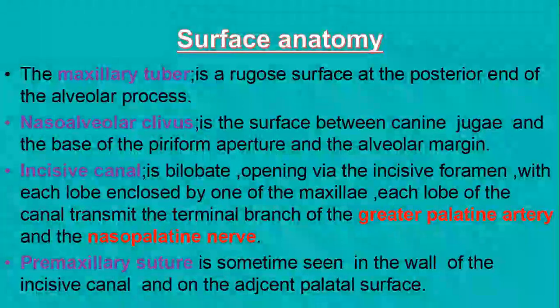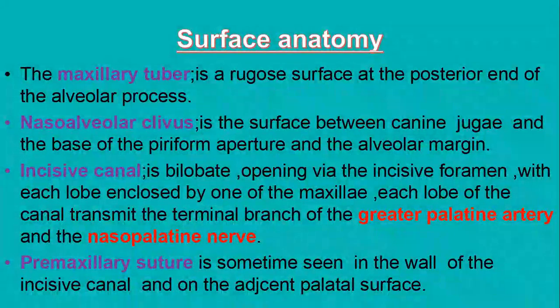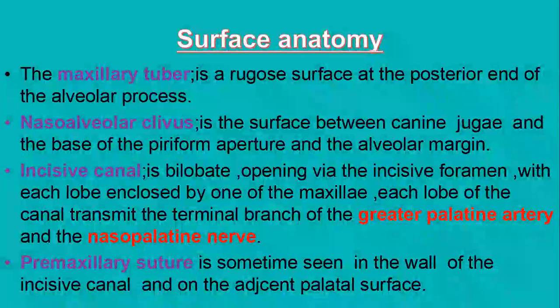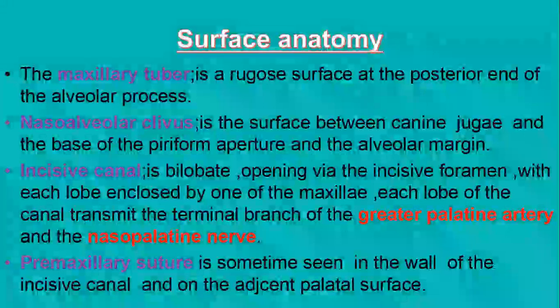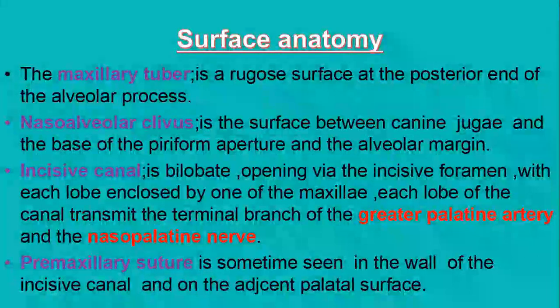The incisive canal is a bilobate opening via the incisive foramen, with each lobe enclosed by one of the maxillae. Each lobe of the canal transmits the terminal branch of the greater palatine artery and the nasopalatine nerve. So that's the function of this incisive canal. The premaxillary suture is sometimes seen in the wall of the incisive canal and the adjacent palatal surface.